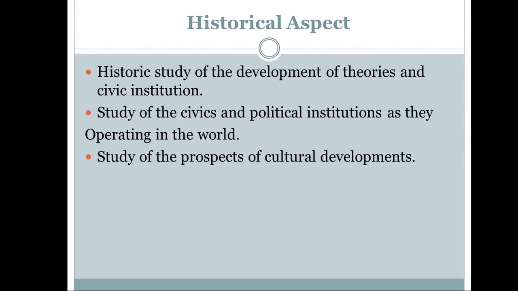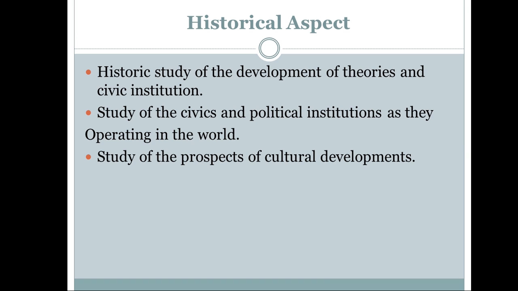Historic study of the development of theories and civic institutions. If we study the historical aspect of civics, it basically helps us to study the previous or the ancient kind of states or civic institutions that were there. So this further helps for making a modern and a better state system.